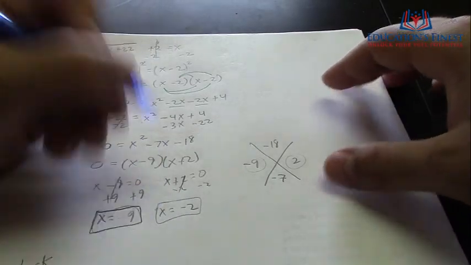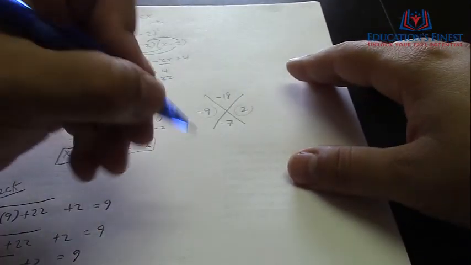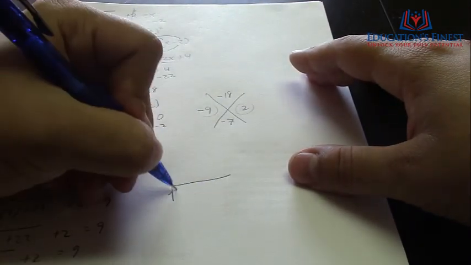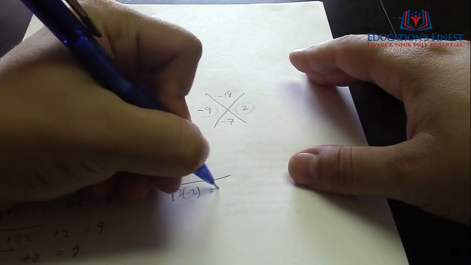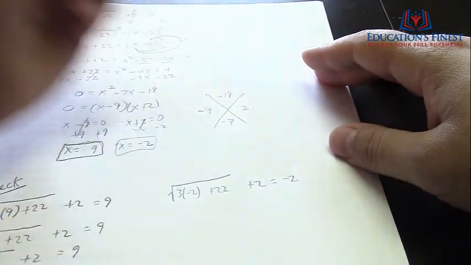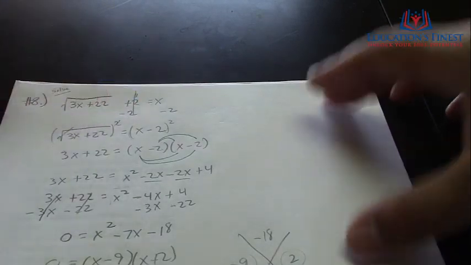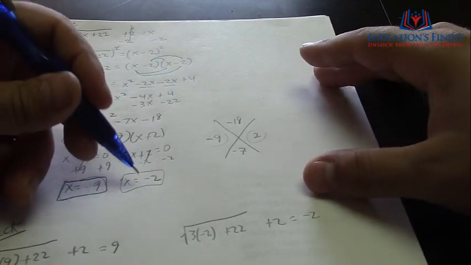So now we have to check our next one, -2. You do the same exact thing, but with a different number. So you have the square root of 3 times -2 plus 22, plus 2 equals -2. All I'm doing is sticking my -2 into the x's, because that's one of our solutions we're checking.